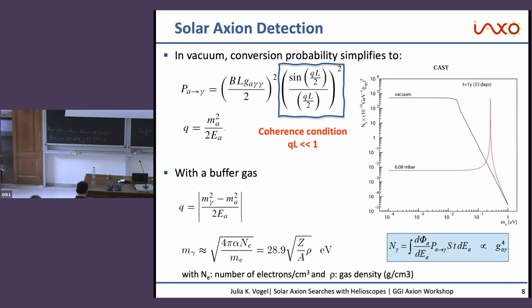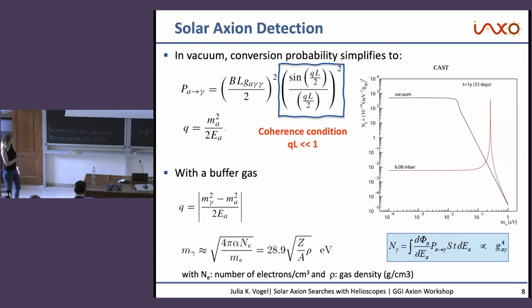Then we have to consider the full momentum transfer because the photon acquires an effective mass that depends on the density of this gas, or in other terms, the pressure in the experiment. And then we can restore coherence for a narrow mass range. And by changing the pressure of the gas inside the magnetic field region, we can then scan this peak along the axion mass range and search the higher mass range.